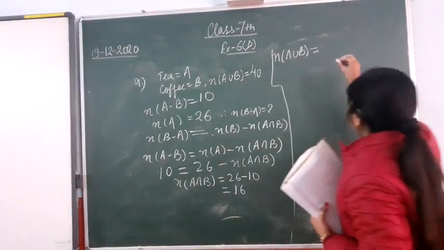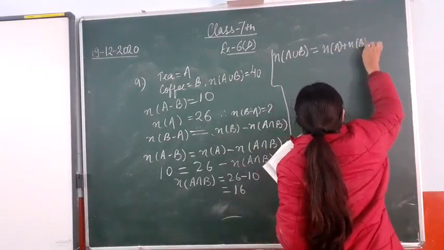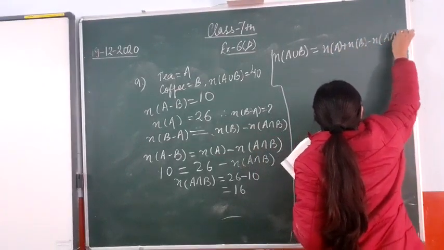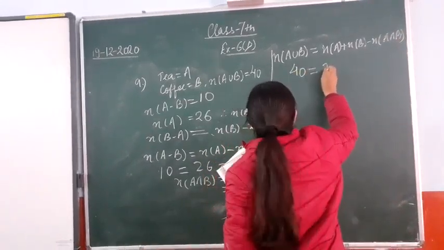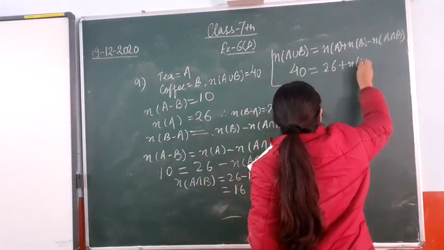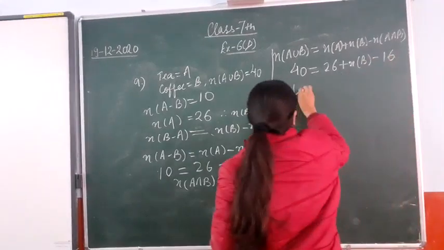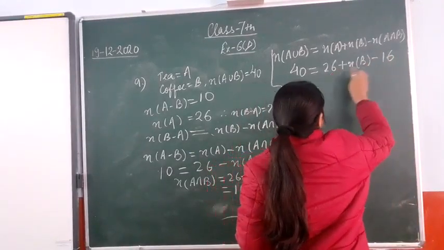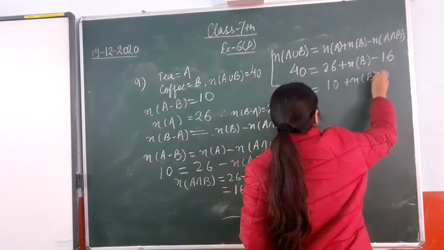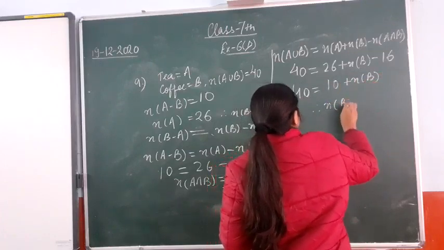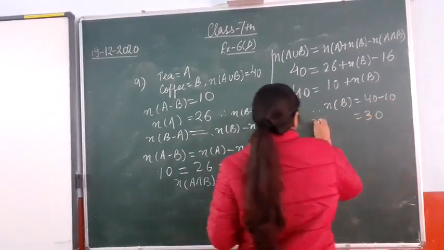So we will take out n(A) plus n(B) minus n(A intersection B). This value is given as 40. n(A) value is given as 26. n(B) value we don't know. Intersection value I got as 16. So 40 is equal to 26 minus 16, what will come? 10 plus n(B). Therefore, n(B) is equal to 40 minus 10, answer will come 30.